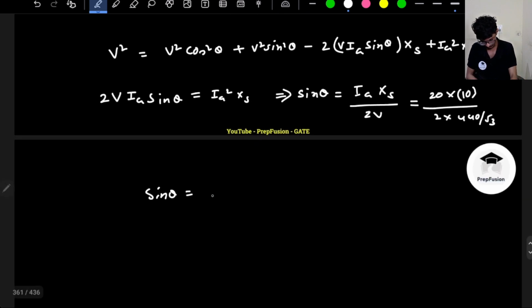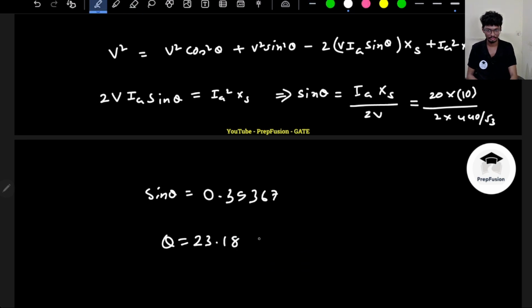So it is 0.39367, and if I take the sine inverse, theta is 23.18167. Okay, theta is 23.18167.